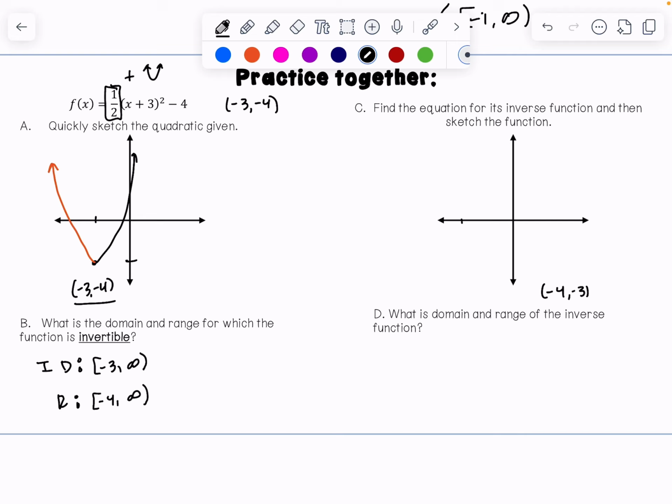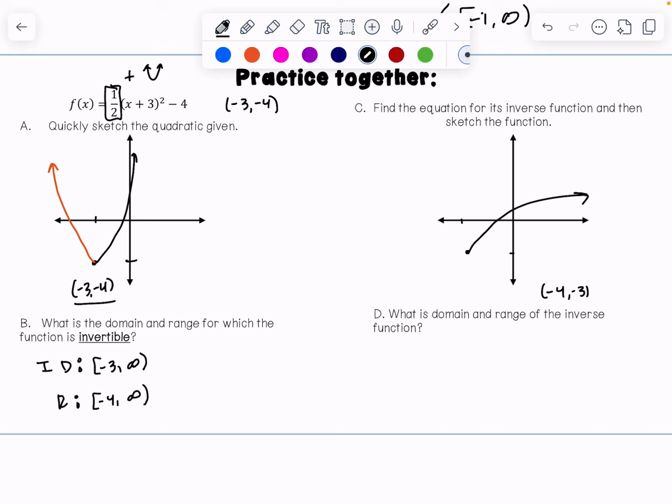And we should know now that the general shape of a square root function looks like this. So I took my right-hand side, I switched the value of my vertex, and I reflected it across the line y equals x, which is what gives me the top portion of this sideways parabola.